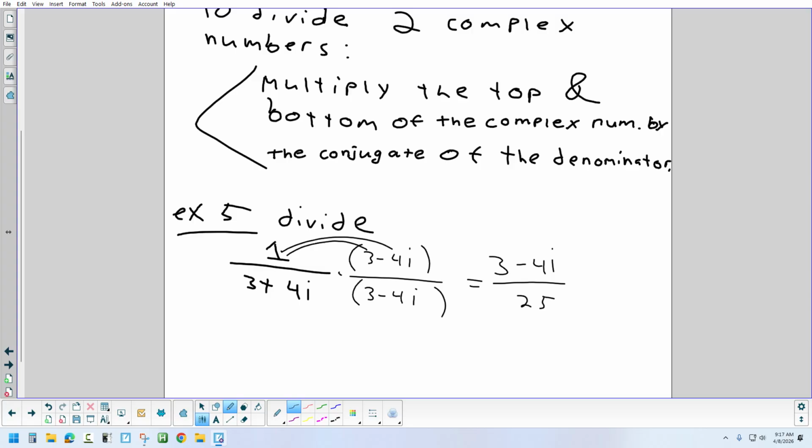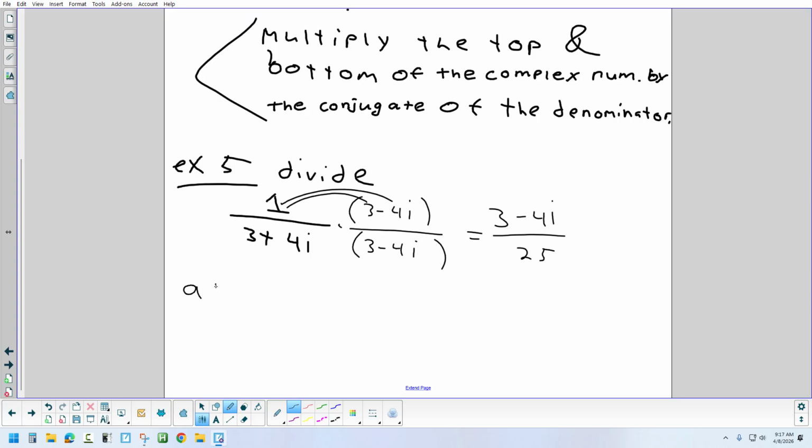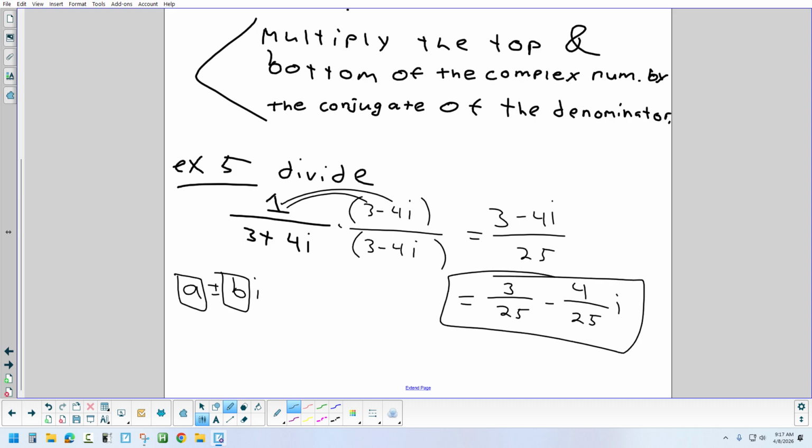The only problem with that is it's not written like this. When you write a final answer, you cannot have one big fraction. You've got to have your real part over here, imaginary part over there. So this is how you fix that. Write it as 3 over 25 minus 4 over 25.